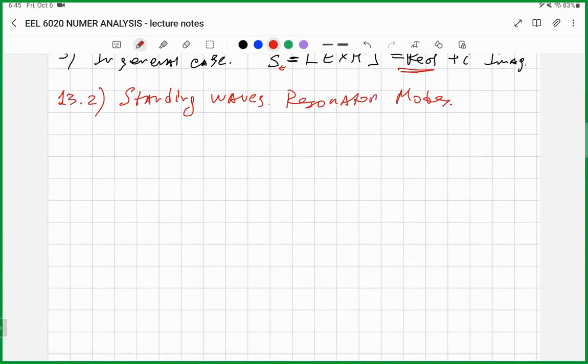So let us consider this in a little bit more detail because of its importance. Let me draw two mirrors. This is mirror 1. This is mirror 2. And I introduce the coordinate system.